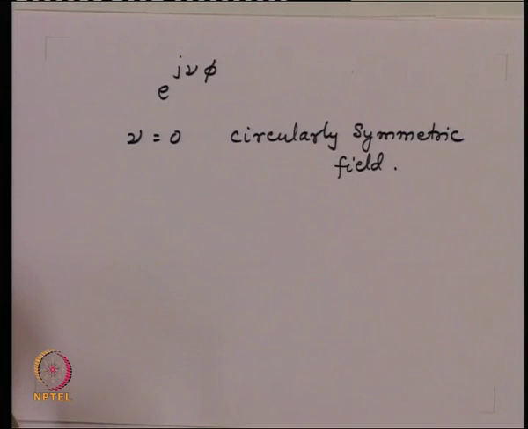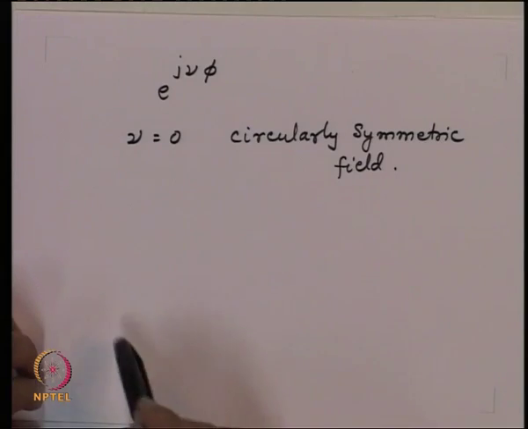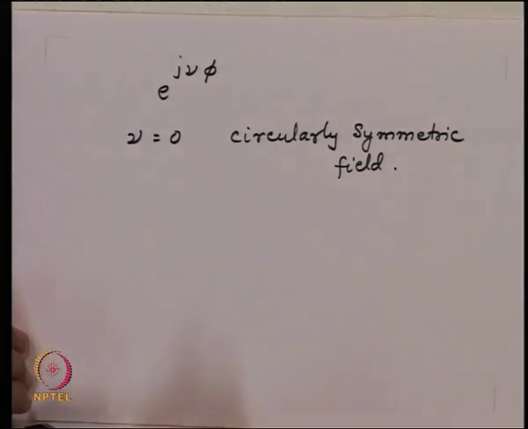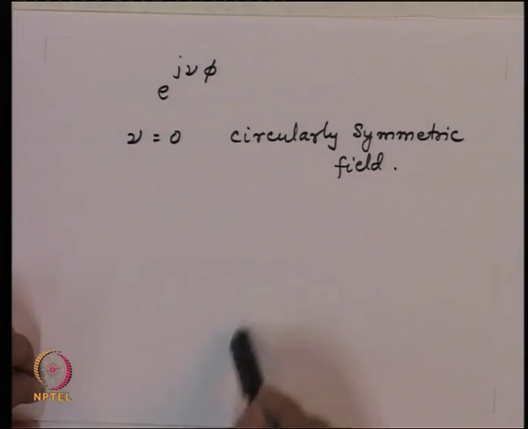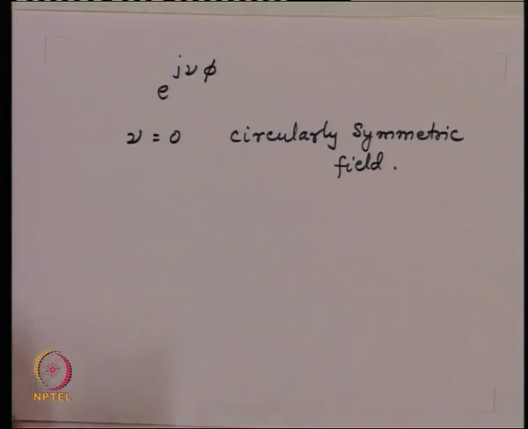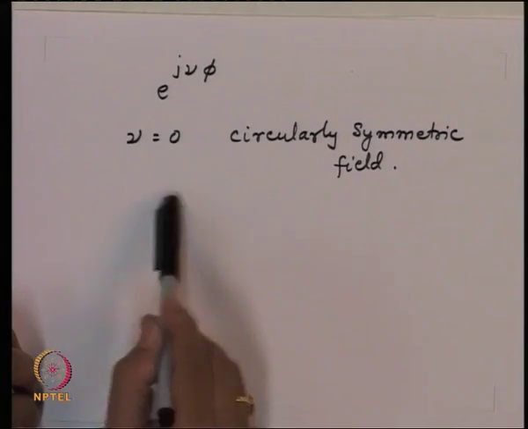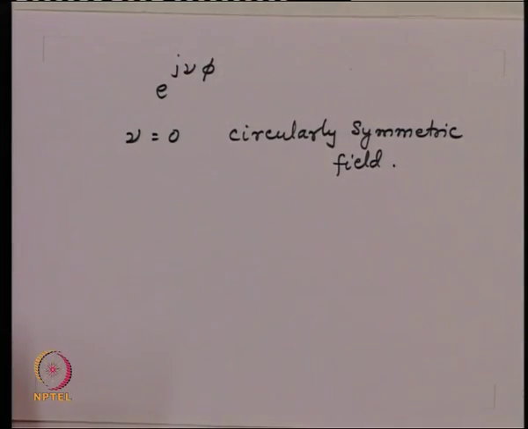And if nu is not equal to 0, then we do not get circularly symmetric field. It will have a variation in the phi direction. For example, if I take nu equal to 1, then I will have one cycle variation as I move in the direction of phi. If I take nu equal to 2, I will have two cycle variation in the azimuth and so on.